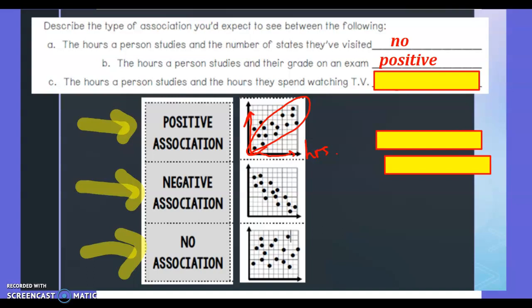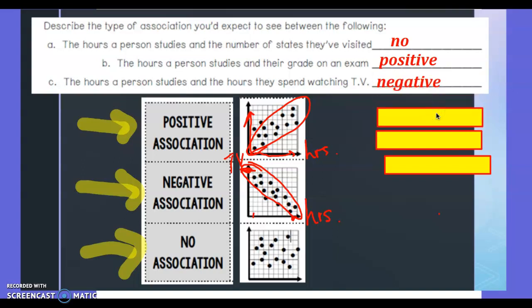So if you think about that, if this x-axis is the number of hours that a person is studying, then if they don't study very much at all, they're probably having a high number of hours of watching TV. But if they study a whole bunch, as that number of hours is increasing, the number of hours watching TV is probably going down. So this one here would be a negative association. So those are some examples of scatter plots and their trends and how we analyze them and their outliers.